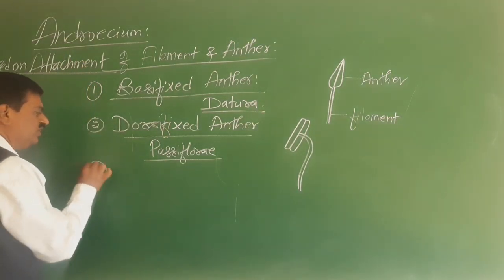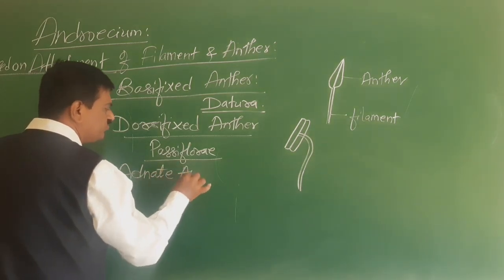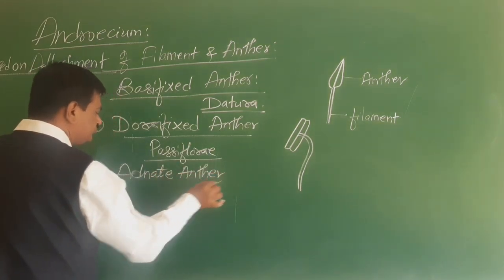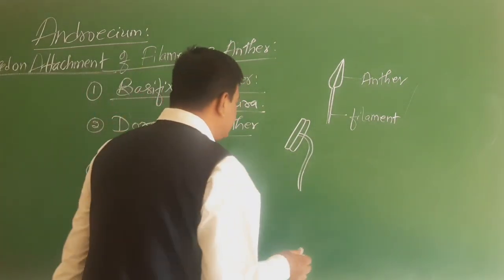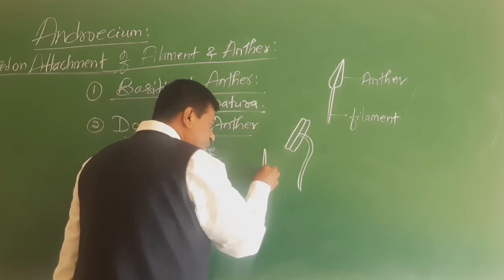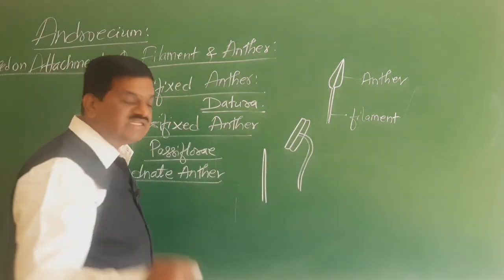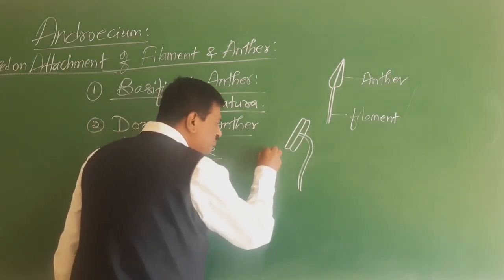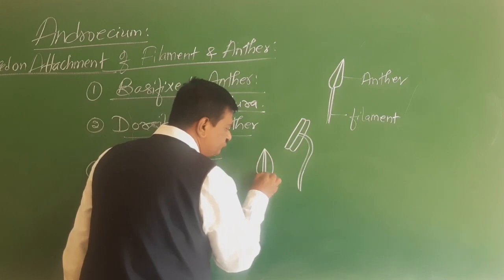So we go for the third one, called adnate anthers. In adnate anthers, you see here there is a filament. This is called the filament. On either side of the filament, there is the presence of anthers, like this.